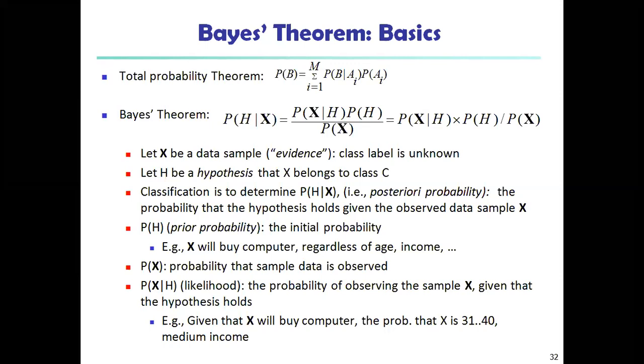P of X, that is the probability of X, the probability that the sample data is observed. P of X given H is likelihood, the probability of observing the sample X given that the hypothesis holds. Given that X will buy a computer, the probability that X is 31 to 40 with medium income.